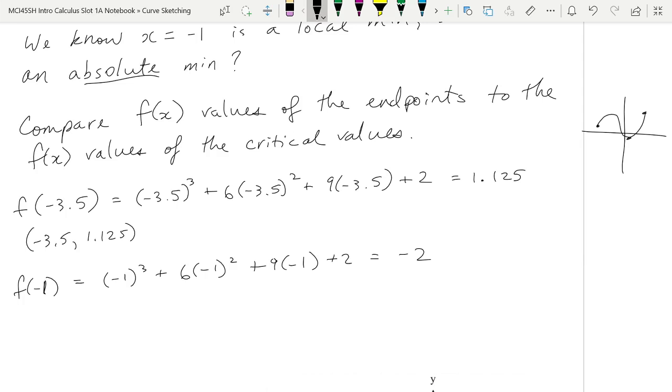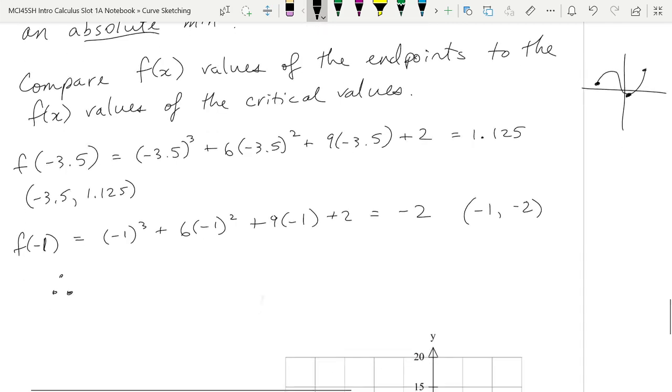So my critical value has a y-coordinate of -2. So I know right away that this point here is lower than that point. Therefore, (-1, -2) is an absolute minimum.